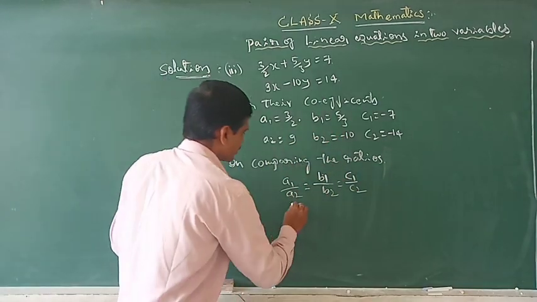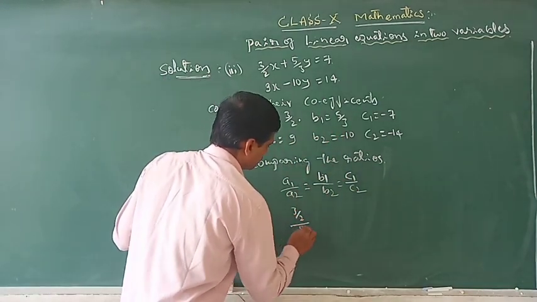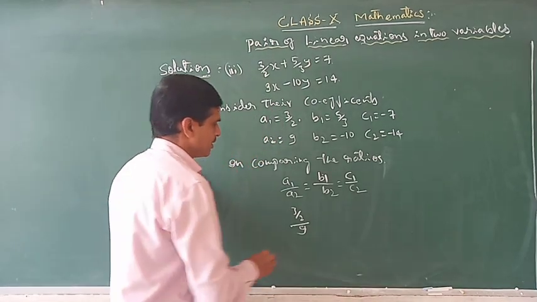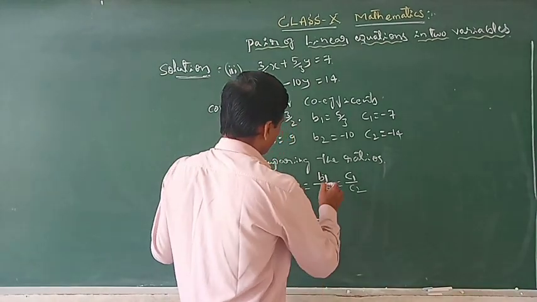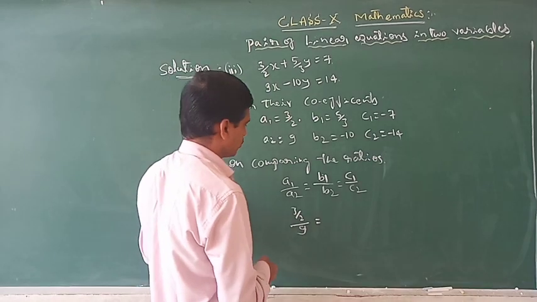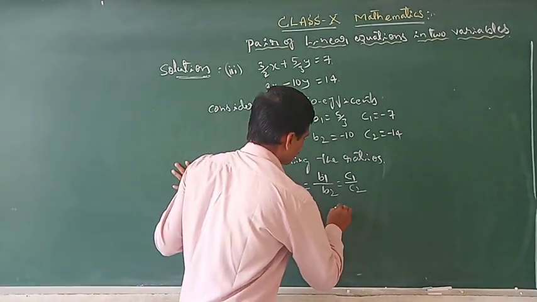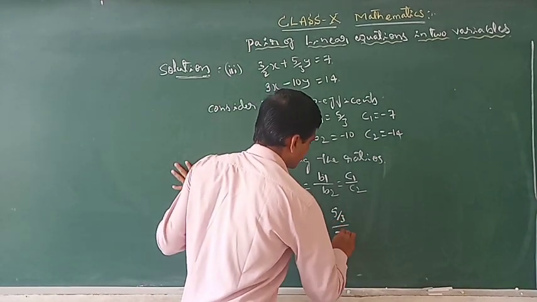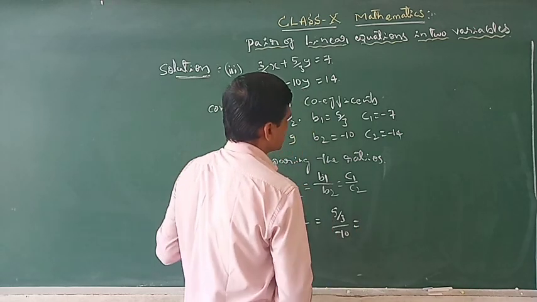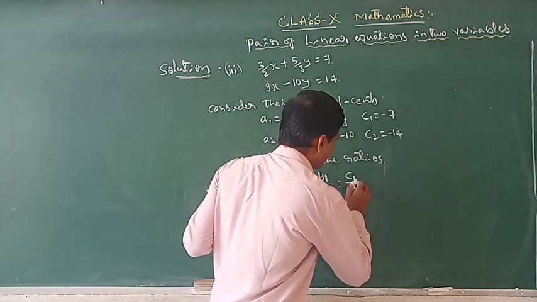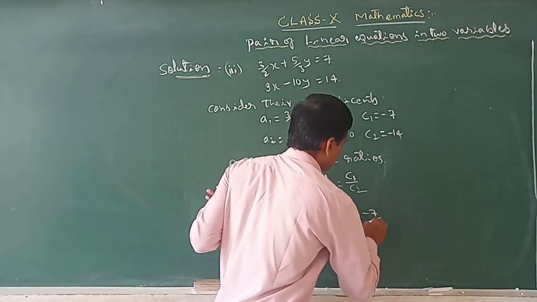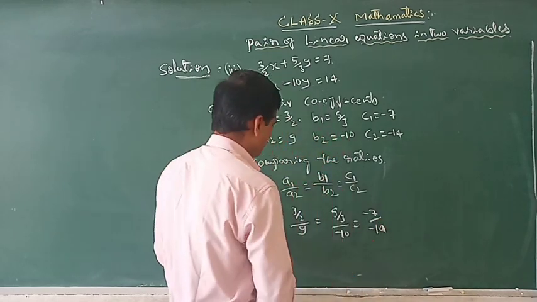Now substitute these values. 3 by 2 divided by 9 is equal to b1 by b2, which is 5 by 3 divided by minus 10, and it is equal to c1 by c2, which is minus 7 divided by minus 14.